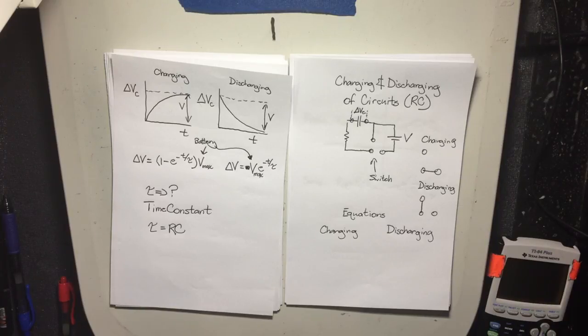A lot of times I looked at this as a student and said, how am I supposed to remember? Think about this. Time is 0. So e to the negative t over tau, where t is 0, becomes e to the 0. E to the 0 is 1. 1 minus 1 is 0.